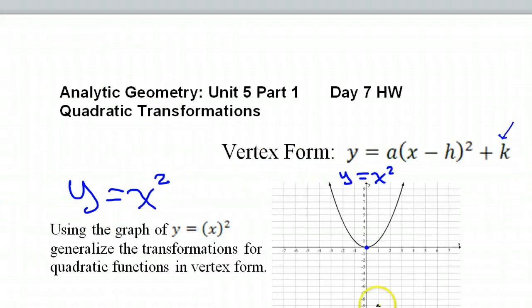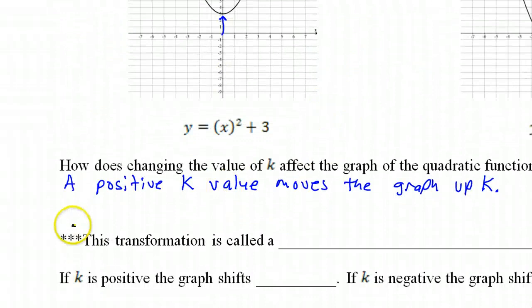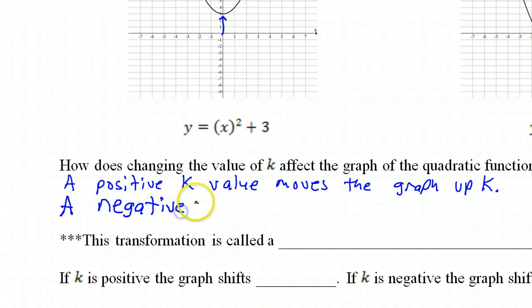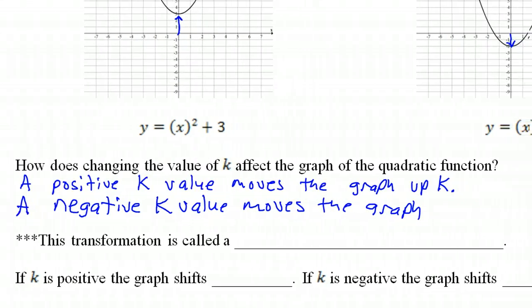On the other hand, a negative k value moves the graph down k.